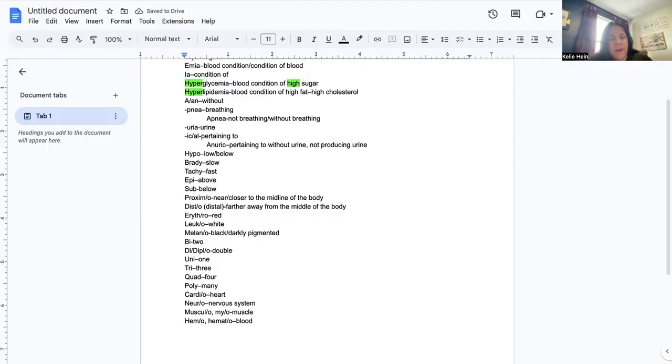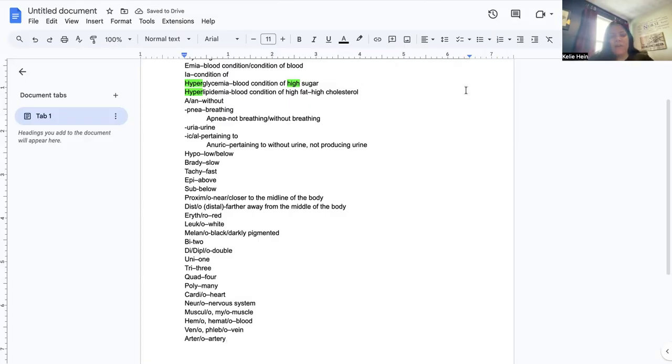How about veno and phlebo? That's going to be vein. Arterio then is artery, and sometimes it makes sense, right? You can kind of figure it out.